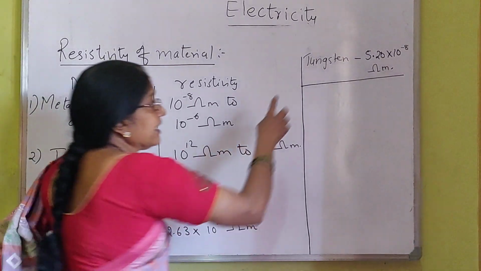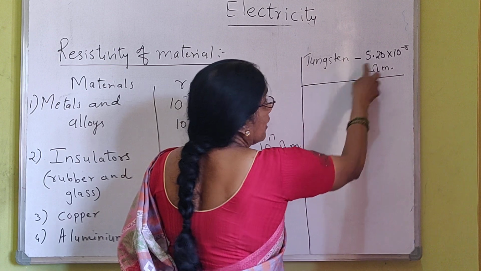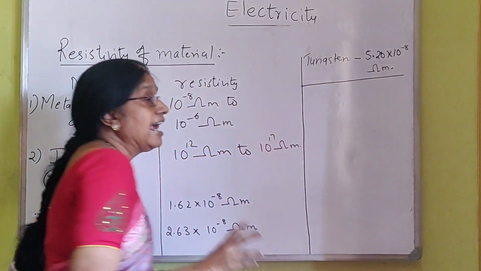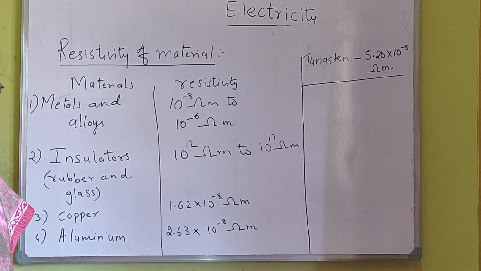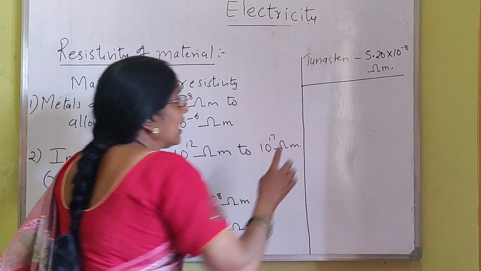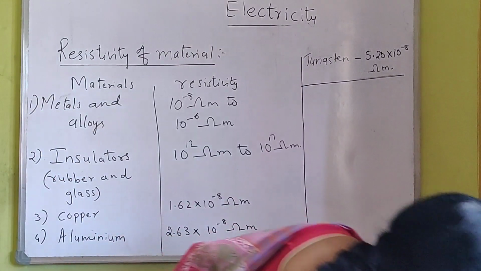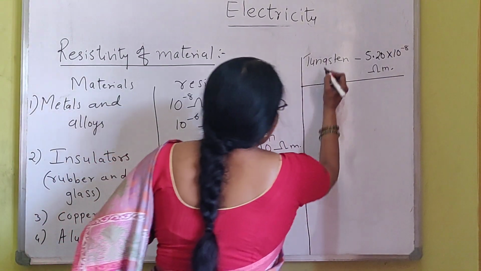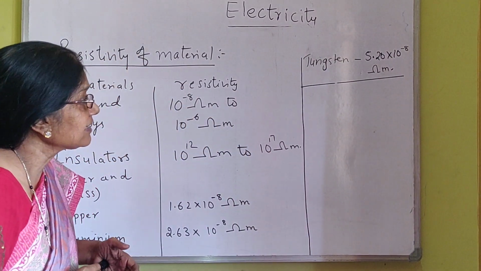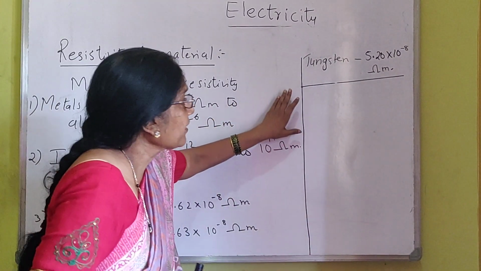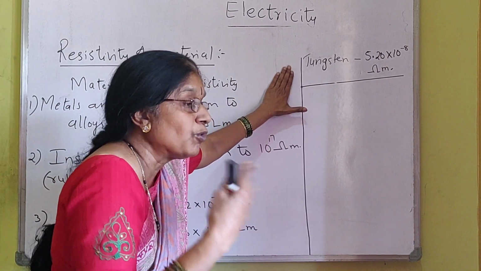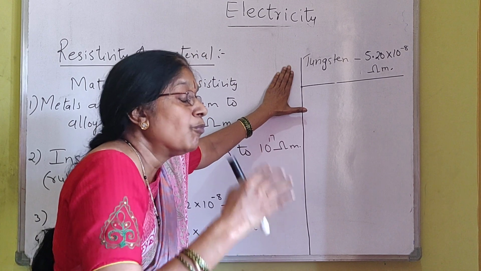Let us see the next one, tungsten. Compared to these two metals, tungsten has high resistivity. So we don't use tungsten as a conductor, but we use tungsten in the electric bulb, where it gives the heating effect and makes the bulb glow. So tungsten wires are used for electrical heating devices because the more the resistivity, the more the heat is produced.